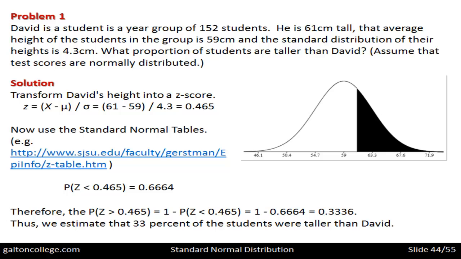You can see it's a very powerful technique for working out probabilities, such as what proportion of the class were taller than David, or we can do all sorts of calculations using this. We are making the assumption that the distribution is normally distributed. It's a standard normal distribution, and what it's doing is transforming the distribution into a distribution with mean 0 and standard deviation 1.